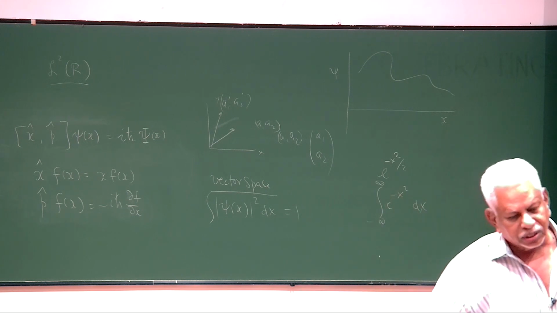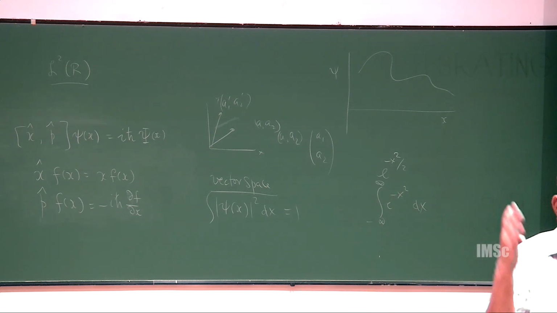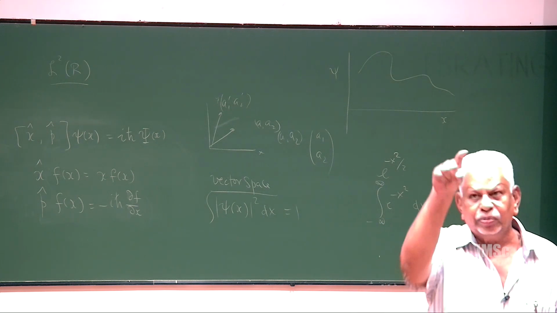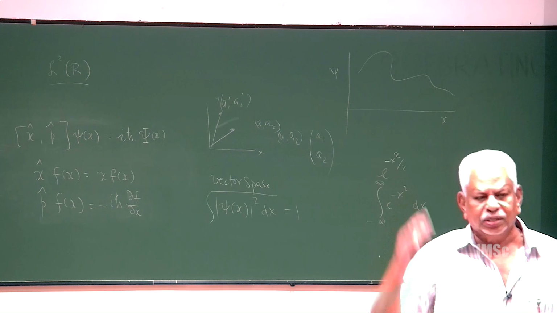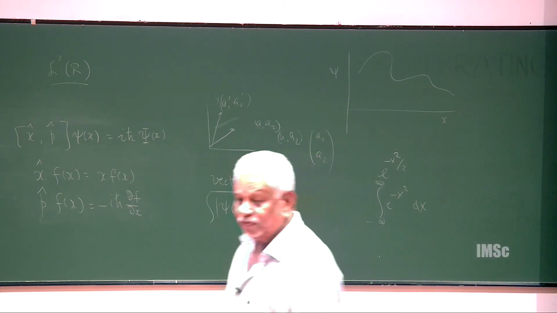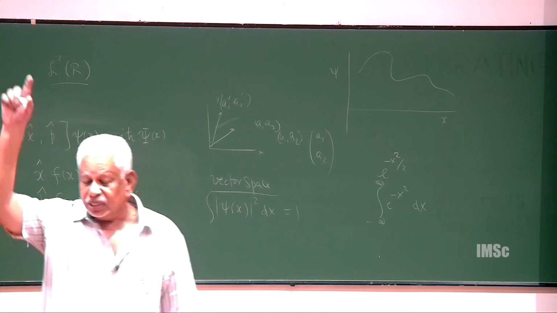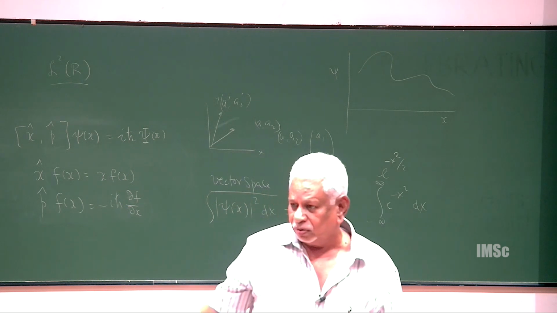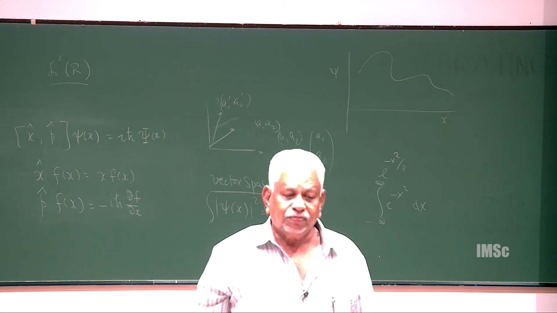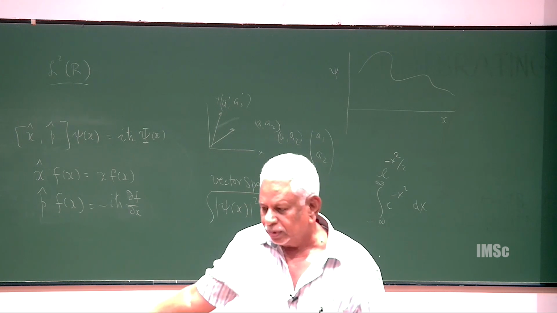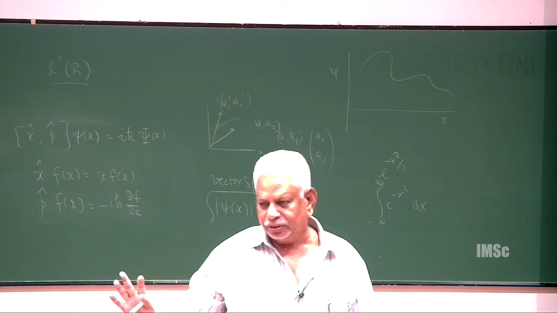That's what operators do to vectors: they change one vector into another vector. It can be a1, a2, and even if it is infinite dimensional, I can write a column vector, starting from 0 to infinity. All the square integrable functions are labeled like this. That's what x hat and p hat do.